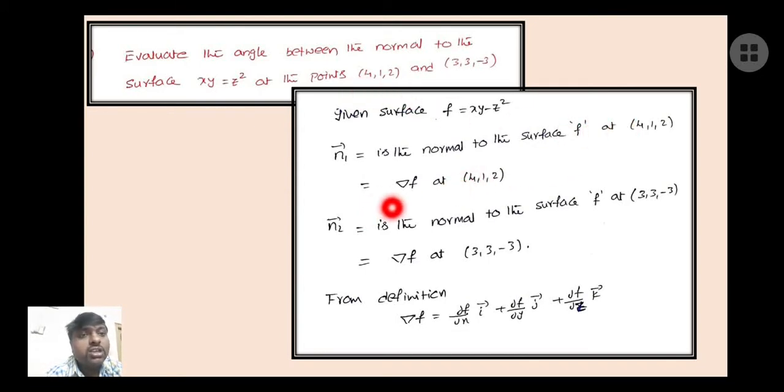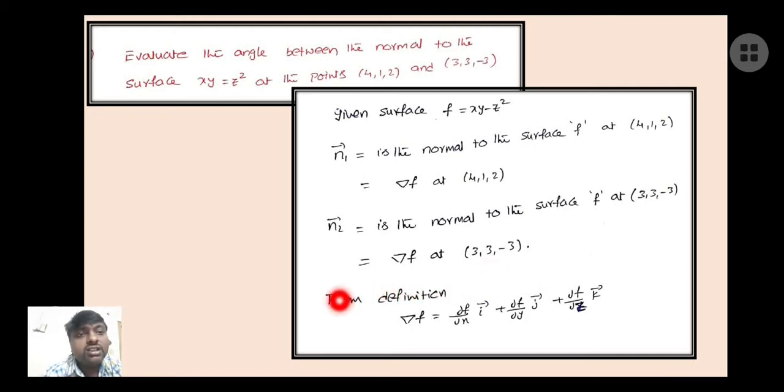That is nothing but del f at 4, 1, 2. In the same way, I calculate the second normal vector n2 bar, the normal to the surface f at the point 3, 3, minus 3, which is equal to del f at 3, 3, minus 3.